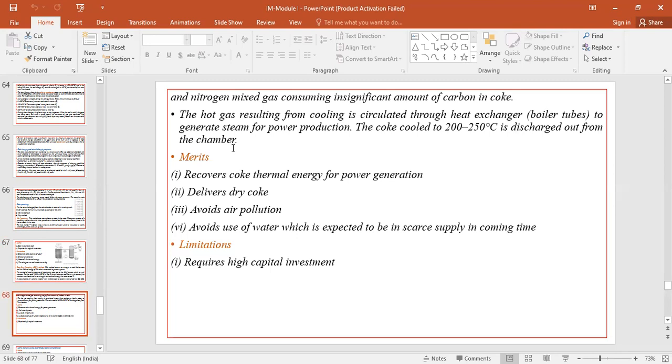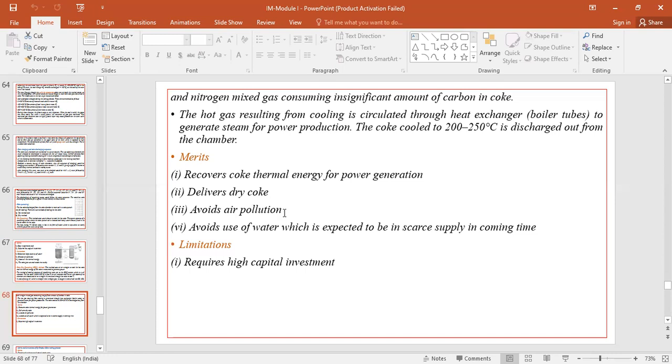The advantage of using this dry quenching method is that we can recover the maximum amount of thermal energy associated with coke, and we can deliver dry coke which can be readily used in the integrated steel plant. We can avoid air pollution because it's a closed chamber, so there won't be much emissions.